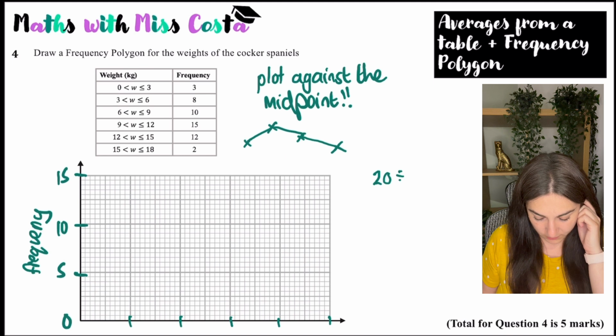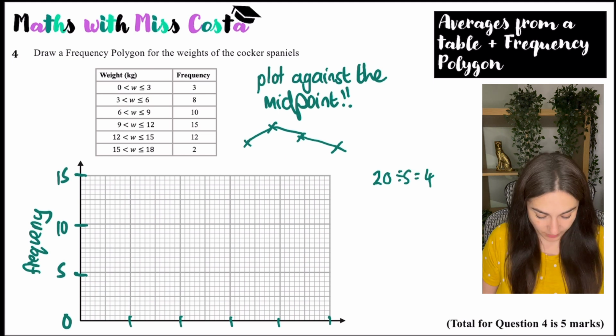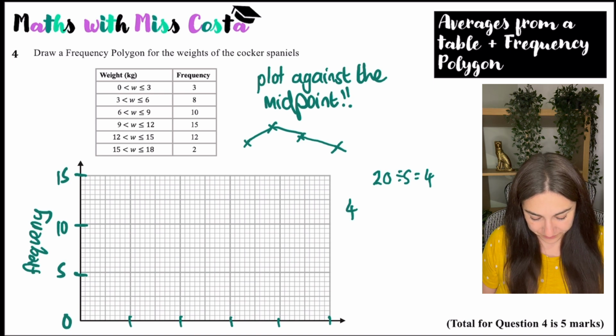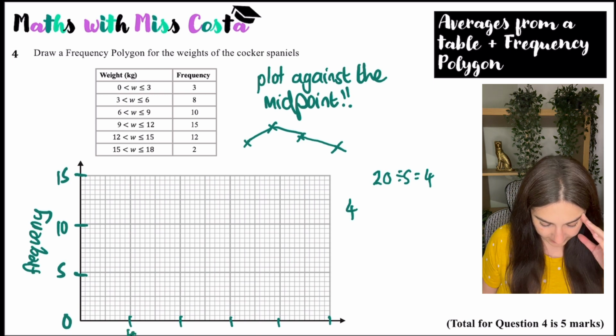So 20 divided by 5 is 4. So I could go up in 4s, but I would then want to think about it. If I go up in 4s, then 4 divided by 10 is 0.4.